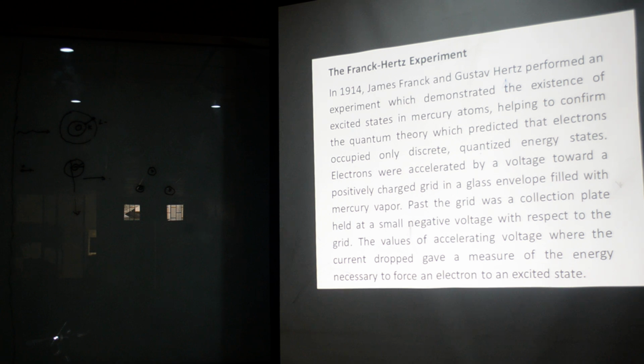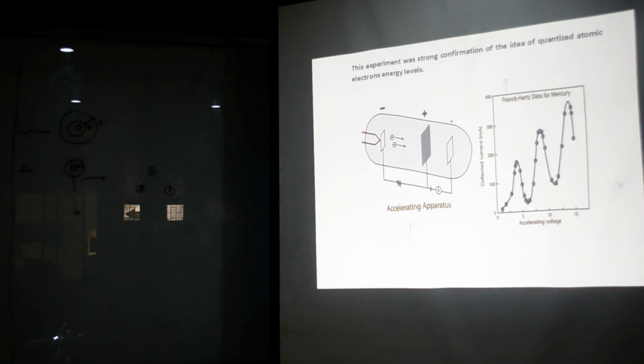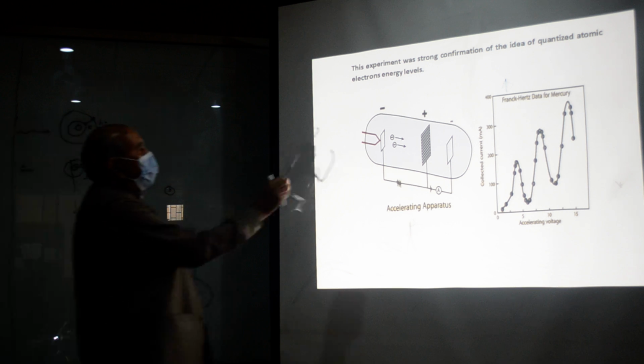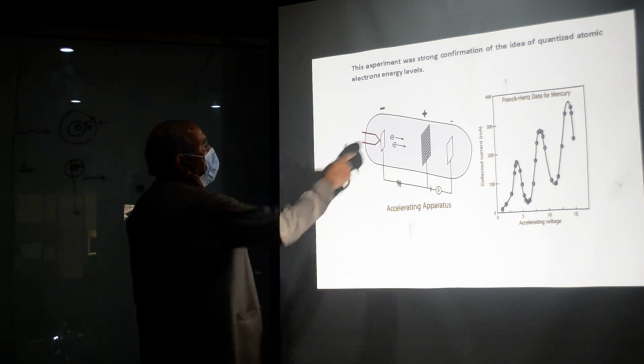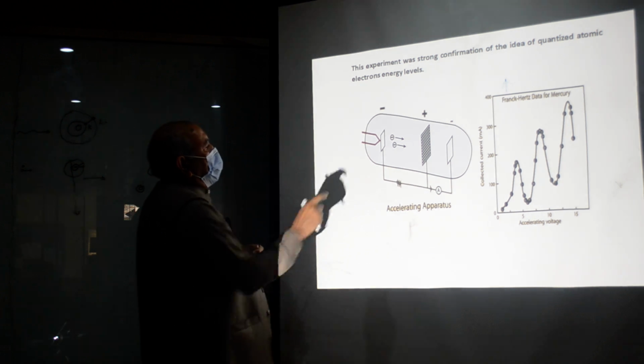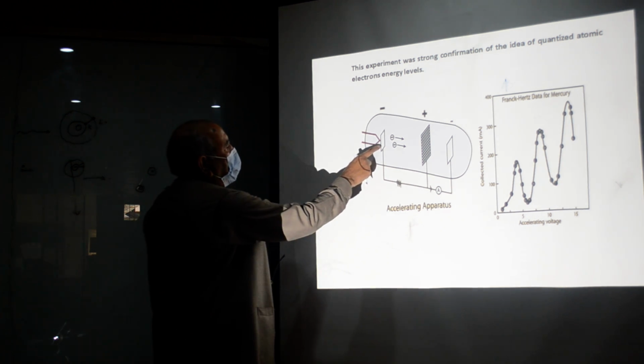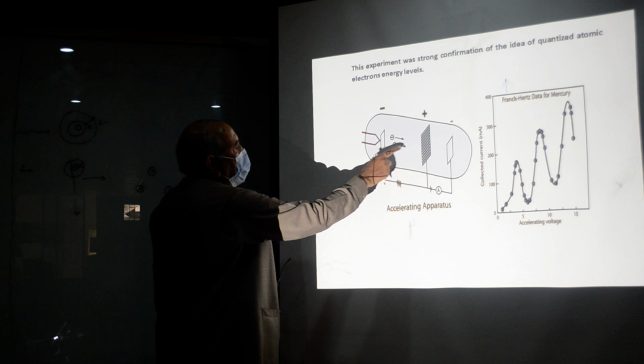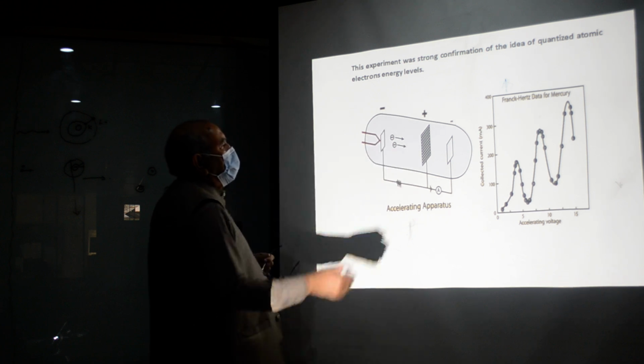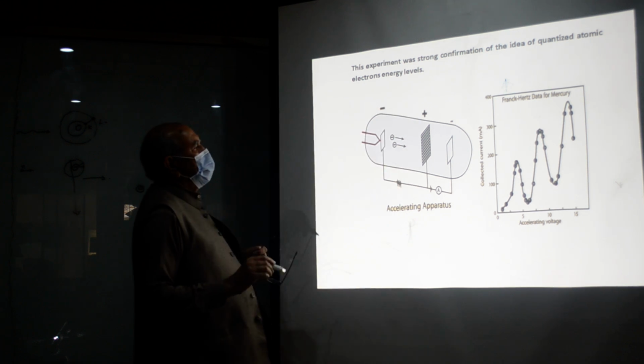You can see this is an experiment in which electrons are produced by an electron gun here. Electrons are accelerated towards the grid which is positively charged.